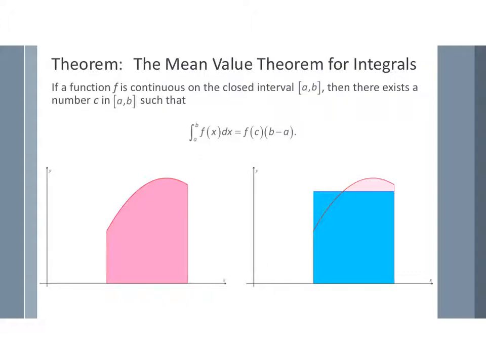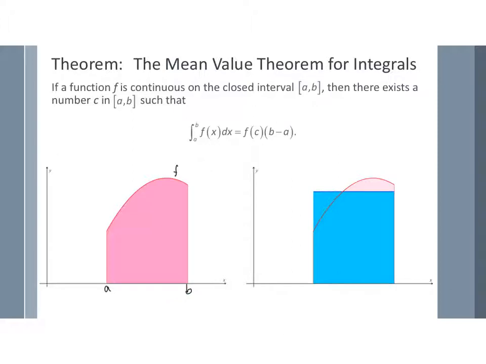So whenever we look at a function, call it f, and say that it's continuous on a closed interval a, b, just like this function. It doesn't have to be non-negative, but in this picture we do have a non-negative function. Then we know that somewhere in this interval, and it could be at either endpoint, there is a number c.